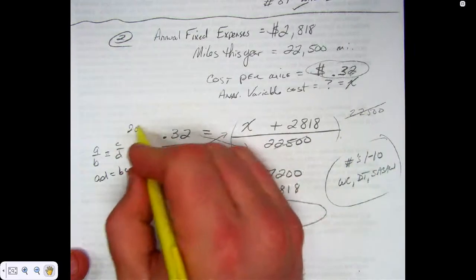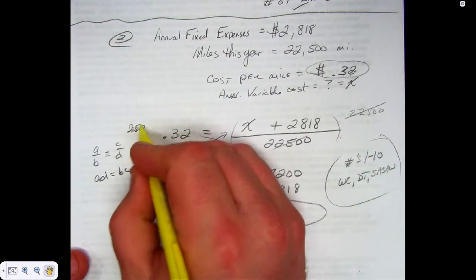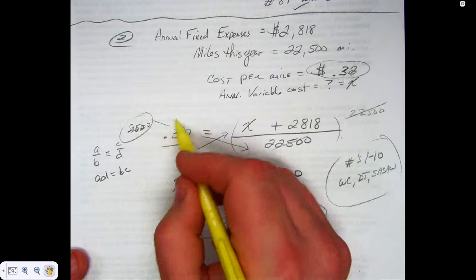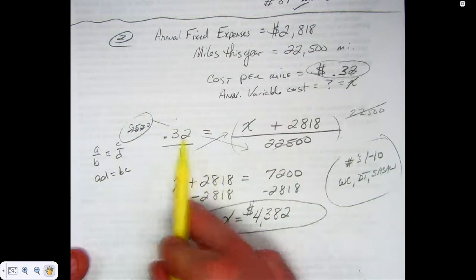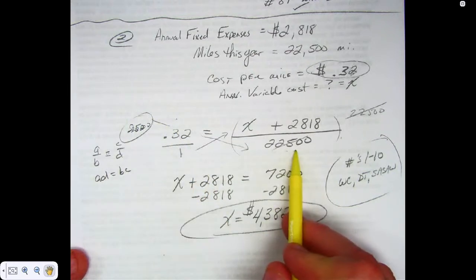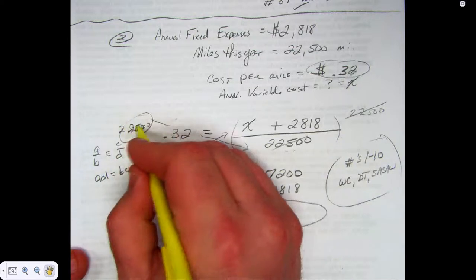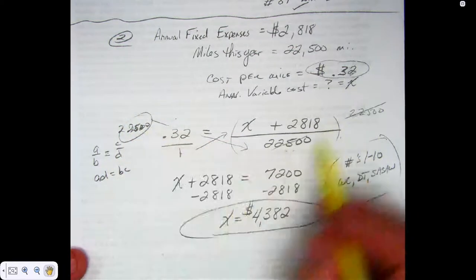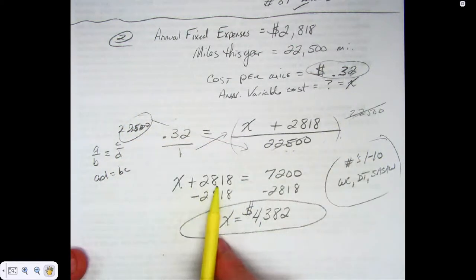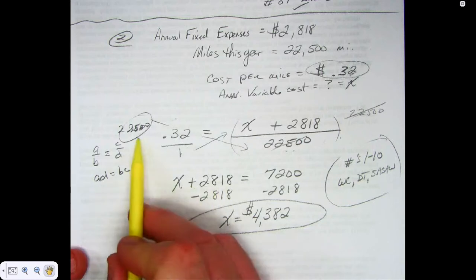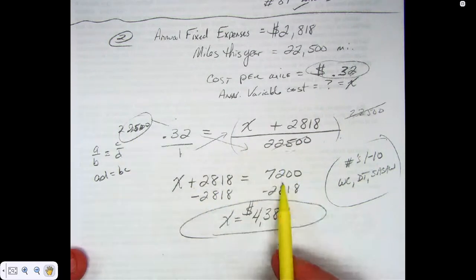But I have to multiply this side by 22,500. And if you'll notice, that's what you did right here, right? So you multiplied both sides by 22,500, and it cancels here, leaving just X plus 2818. And then 0.32 times 22,500 is 7,200. So yes, you are correct. You can do it that way.